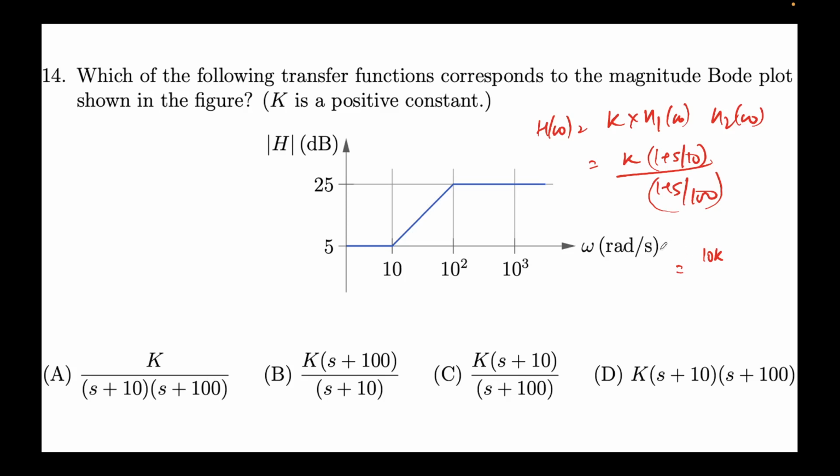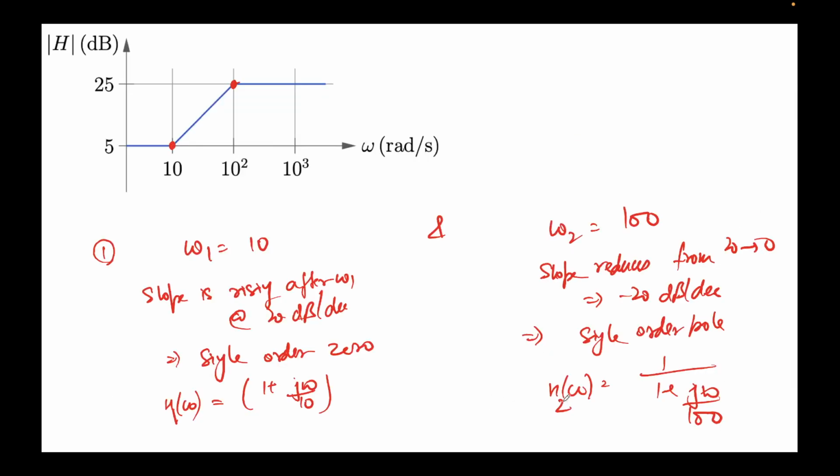So what I'll get is 10k times (s plus 10) over (s plus 100). This should be the form. Okay, 10k you can assume to be some other constant x. Does the form matter? Key thing to note is that, again, look at where the slope changes in the magnitude Bode plot.